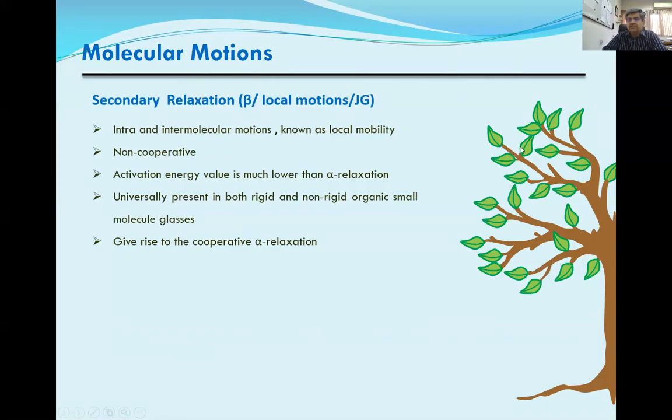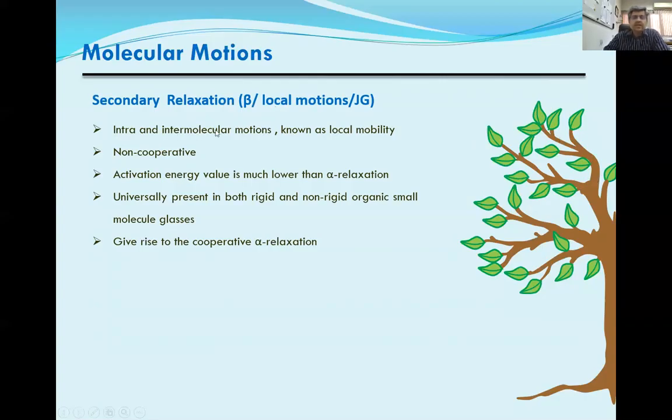So what we'll see is that in the case of the secondary relaxation or beta and local motion, which are also called Johari-Goldstein relaxation, remember these occur below the Tg. So only the leaves of the tree will be vibrating at their place. There will not be any movement in the branches because these motions are local motions.